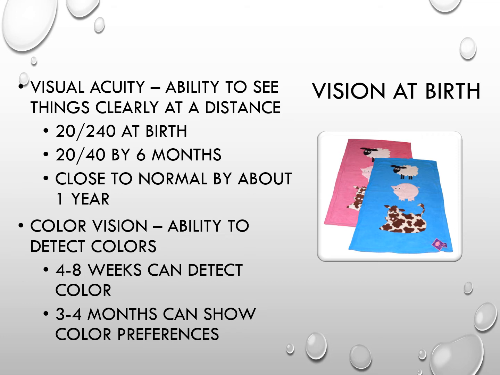But whatever it is, numerous studies that have looked at children's sensitivity to colors and ability to differentiate between colors suggest that most newborns are able to maybe see things on sort of a gray scale, but it's not until about 4 to 8 weeks that children can actually differentiate between colors.